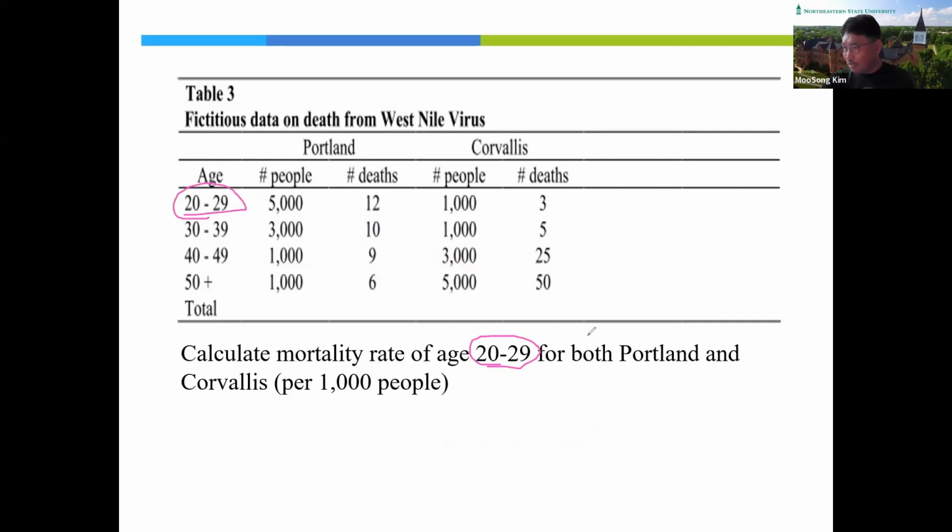How many people die in this age group in Portland and Corvallis? 12 and 3, so 15, over the total population for this age group in both cities, 1,000 and 5,000, so 6,000, times the constant 1,000.